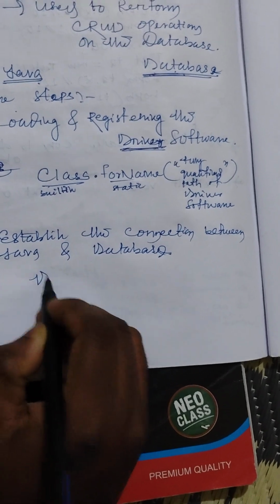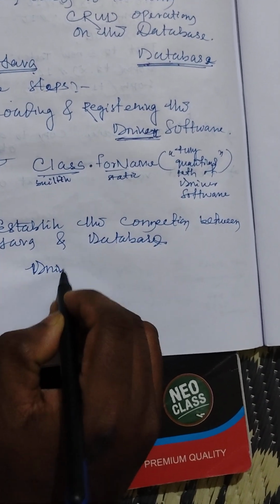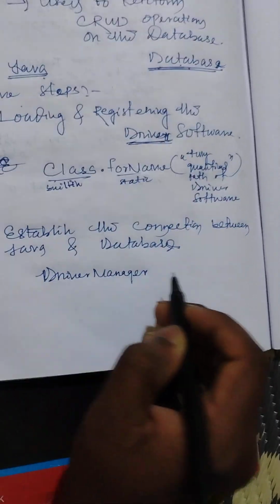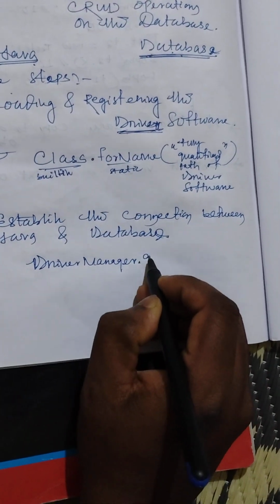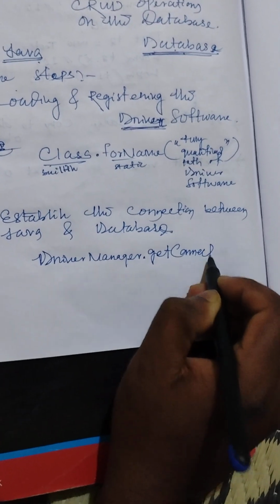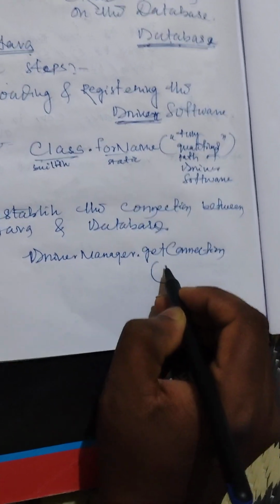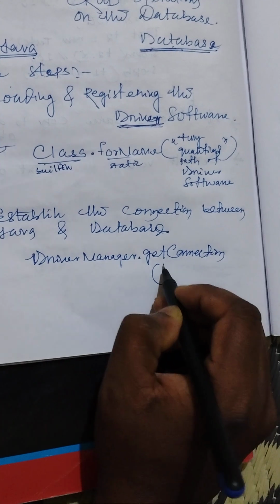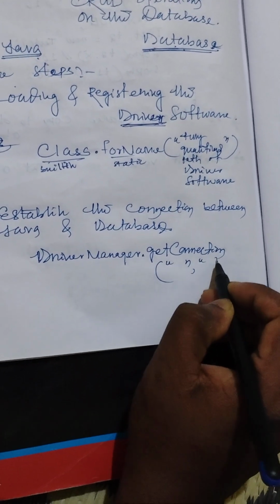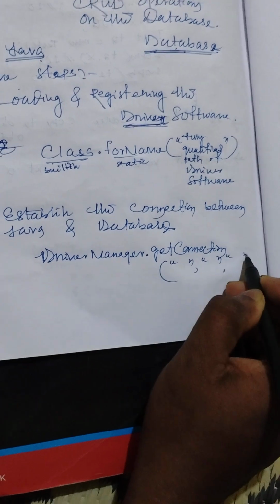There is a built-in class, DriverManager, having a static method getConnection. It takes three parameters: the database URL, database username, and database password.